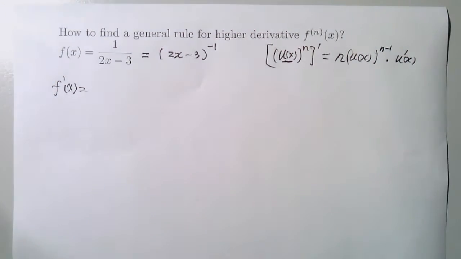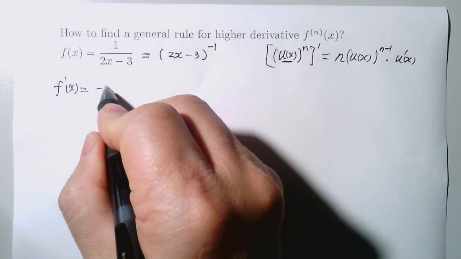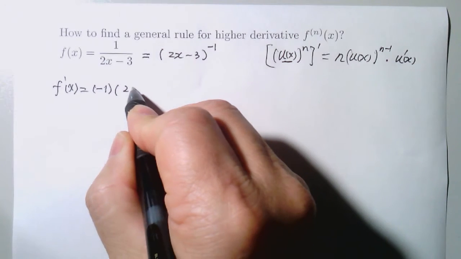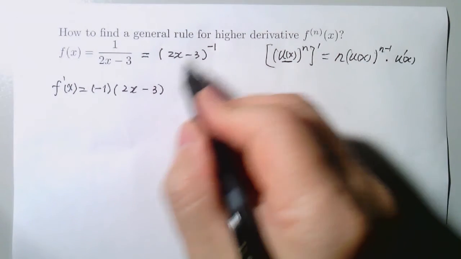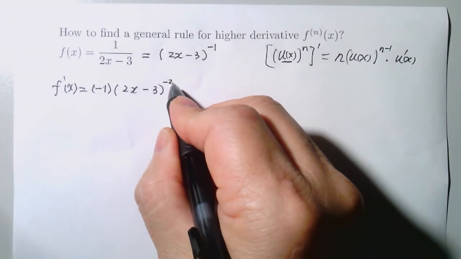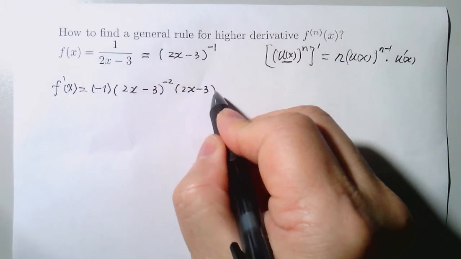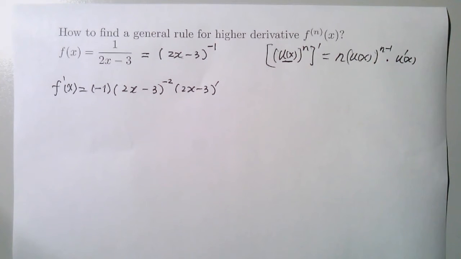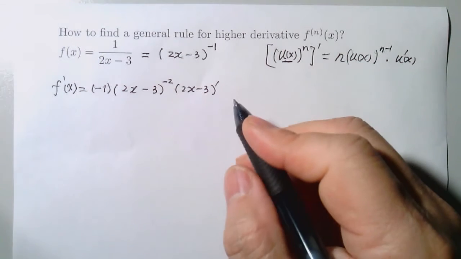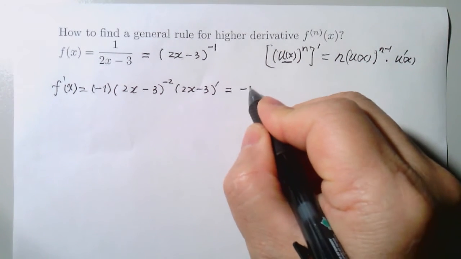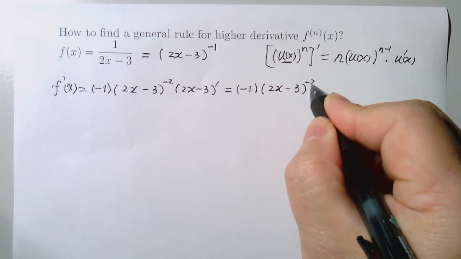When we take the derivative, just follow this rule. We have -1 times 2x minus 3 raised to n minus 1, which is -1 minus 1, which is -2, and then the derivative of the inside function. The derivative of 2x minus 3 is 2. So you have a -1, a 2x minus 3 to the -2, times 2.